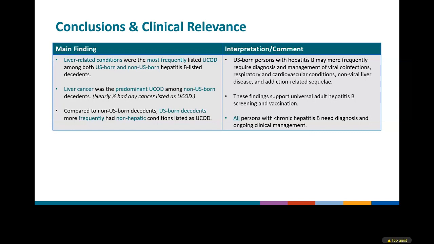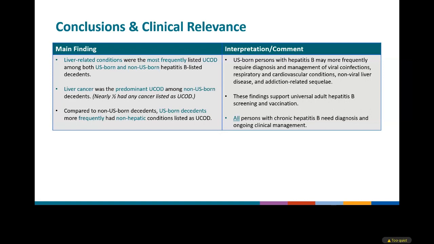Compared to non-US-born decedents, US-born decedents more frequently had non-hepatic conditions listed as underlying cause of death. So we know that US-born persons with hepatitis B may more frequently require diagnosis and management of viral co-infections, respiratory and cardiovascular conditions, non-viral liver disease, and addiction-related sequelae.